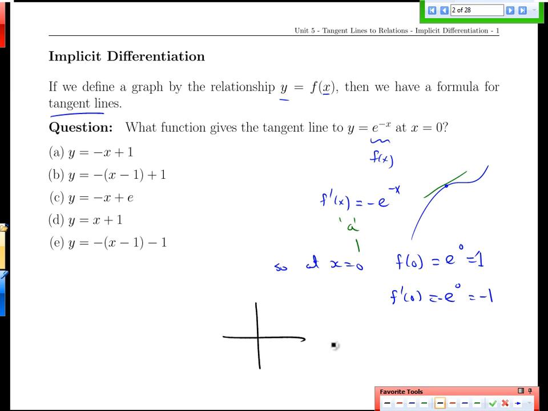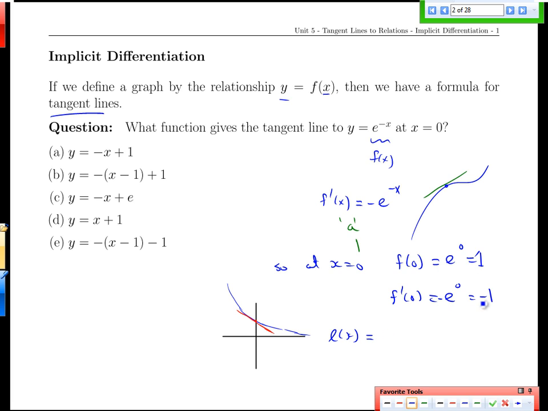As a quick sketch, we have the exponential decay function coming down like this, and what we've just computed is that the tangent line at x equals 0 will have slope negative 1. Combining our function pieces, we can generate the linear approximation.